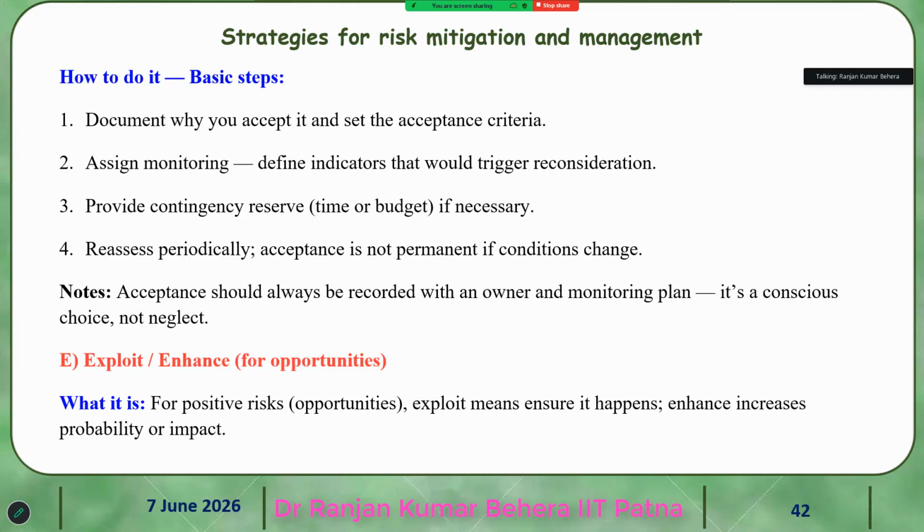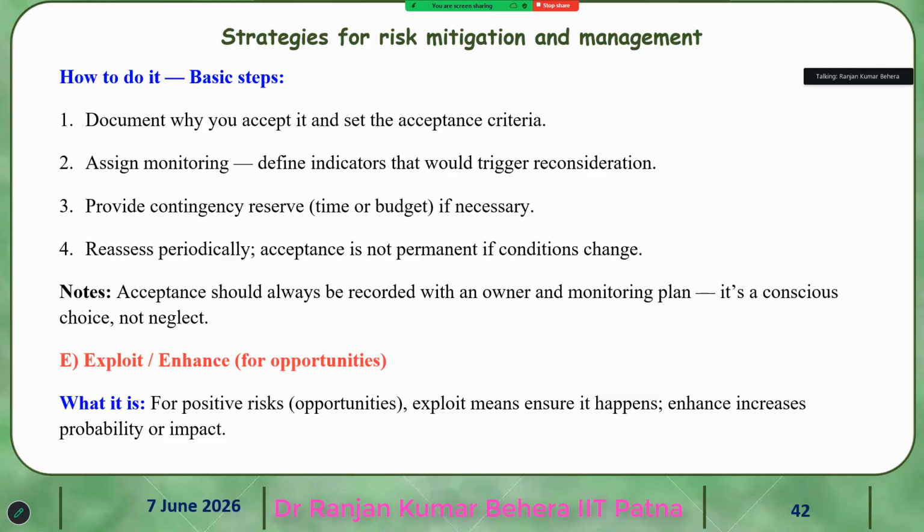Then how to do it? Document why you accept it and set the acceptance criteria. Assign monitoring and define indicators that would trigger reconsideration. Provide contingency reserve, time or budget if necessary.